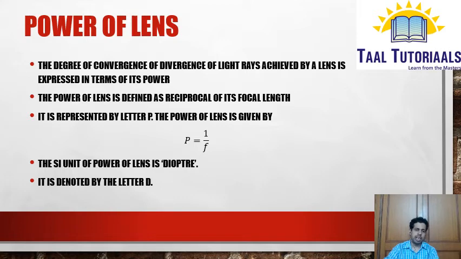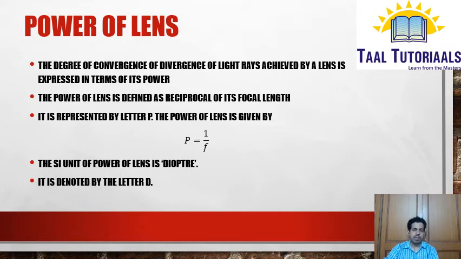So the degree of convergence or divergence we call the power of the lens. That depends on the focal length. If the focal length is less, then the power will be more, because the rays meet at the focus within a short distance. So it can refract the rays very nicely and meet at the focus within a short distance.